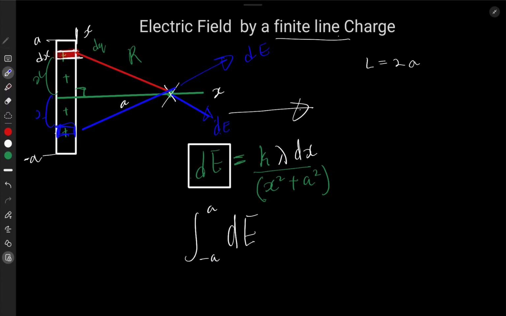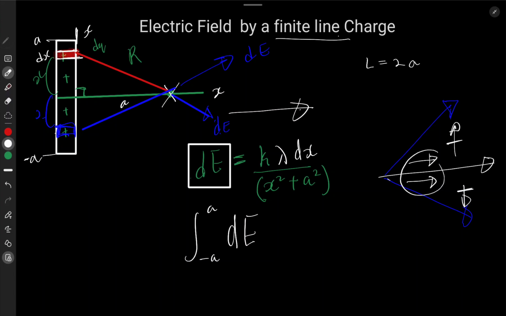Okay, if you notice now, you have vectors like this, the one going like this, and you have another vector going like this, and we know that if I add them up, they're going to give me a vector like this, because they are made of both x and y components. And then we can notice also that the y components cancel because they are in different directions, but only the x components add up.